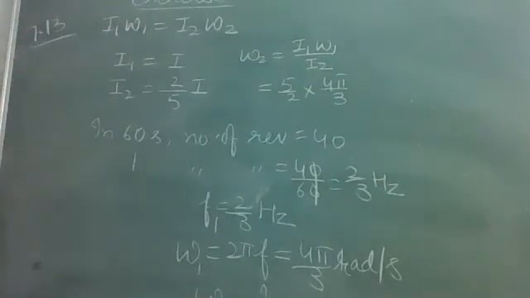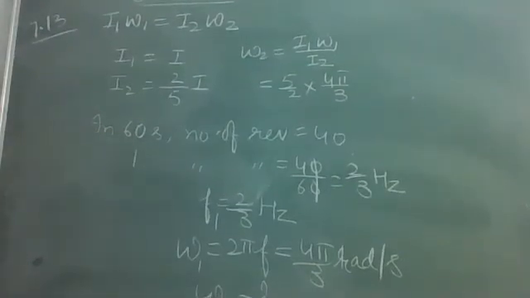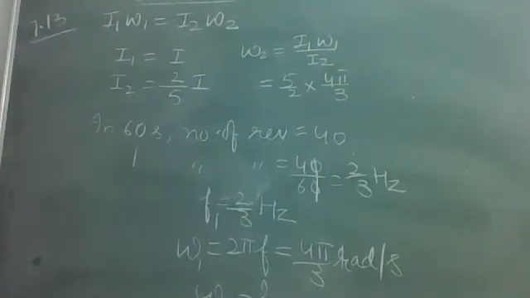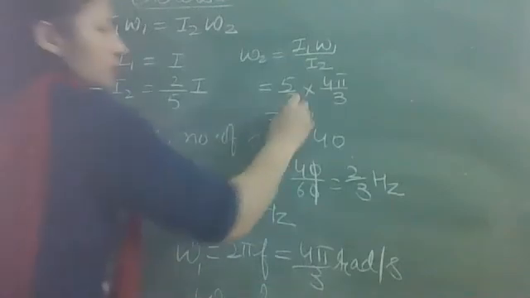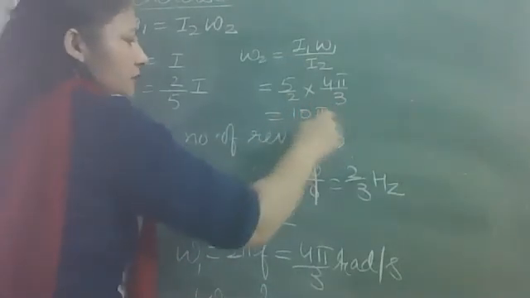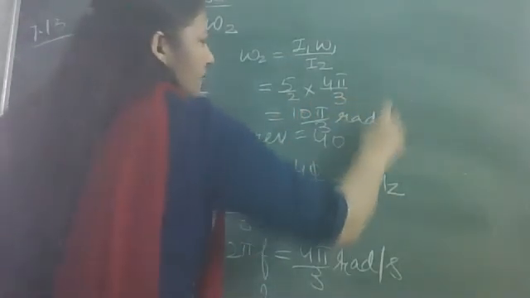So your answer is 10 pi by 3 radian per second. This is your answer to the first part.